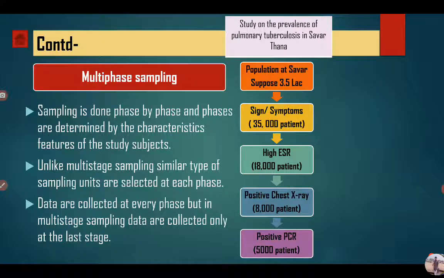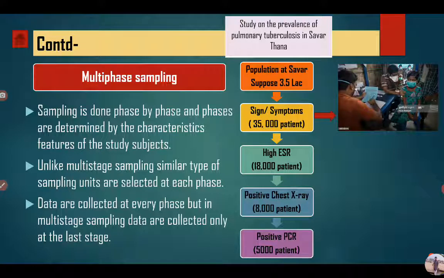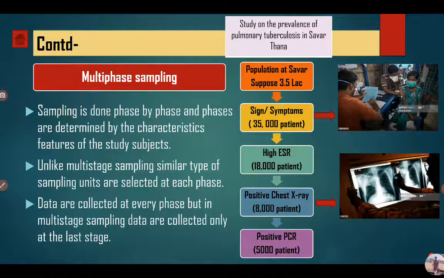Suppose here it is 35,000 patients. These 35,000 patients can be selected for testing ESR, and 18,000 patients have high ESR. These 18,000 patients will undergo chest X-ray for pulmonary tuberculosis, and 8,000 patients become X-ray positive.